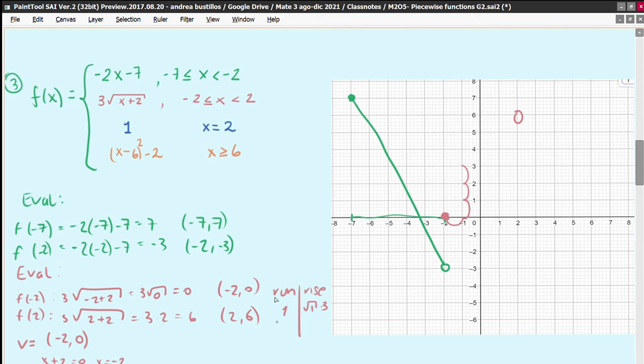Now I'm going to run another number of which I know easily the square root, 4. So I'm going to rise the square root of 4 times 3, and this is 6. So if I run 1, 2, 3, 4, I'm going to rise 1, 2, 3, 4, 5, 6. Notice that everything is fitting together nicely.